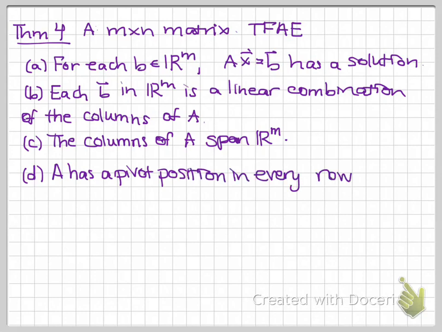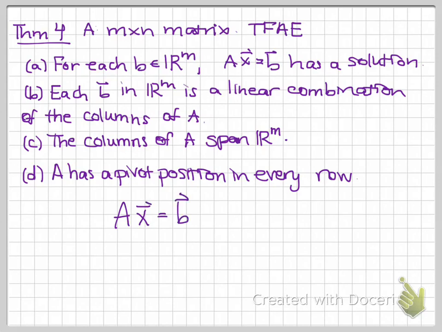And this last condition is equivalent to the previous three. A has a pivot position in every row. Alright, so a pivot position in every row. That means if you were to think about writing, can I find X such that AX equals B?